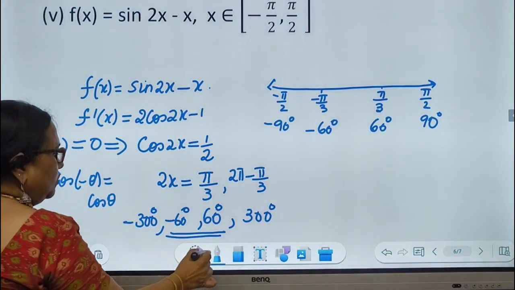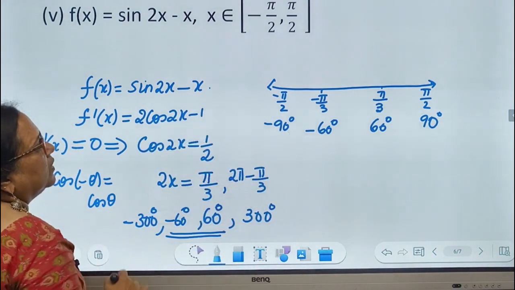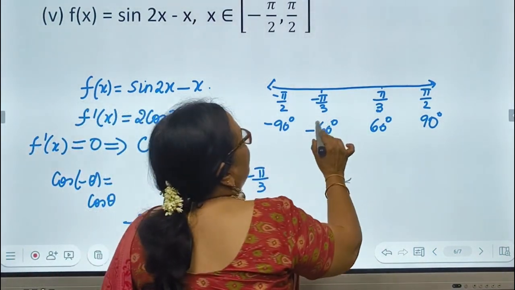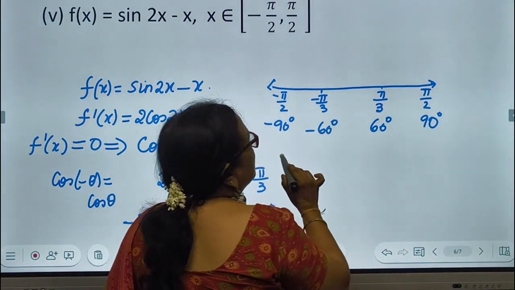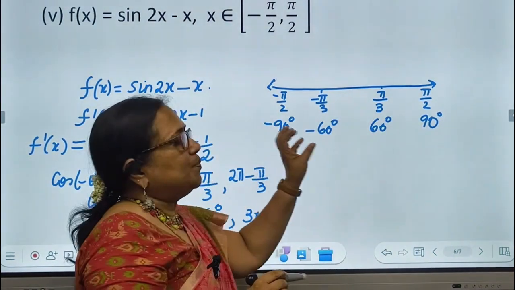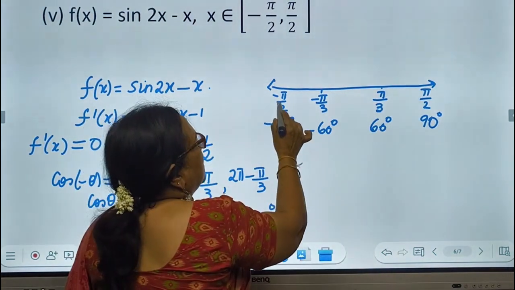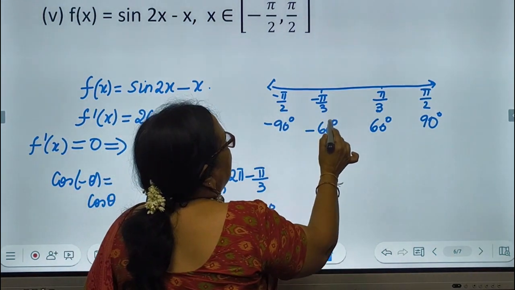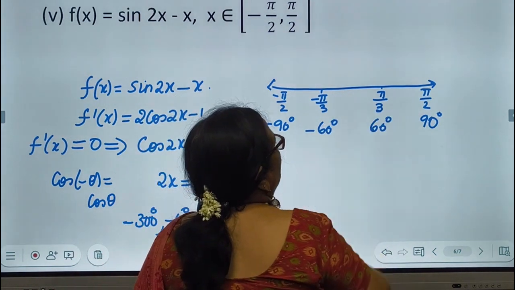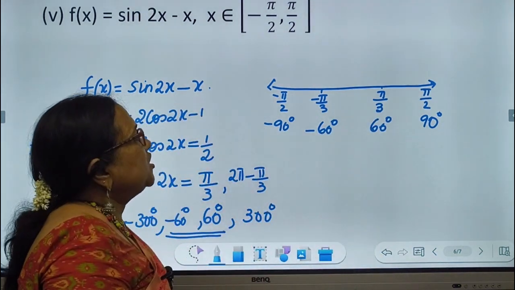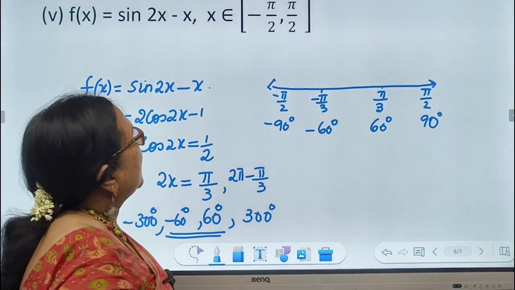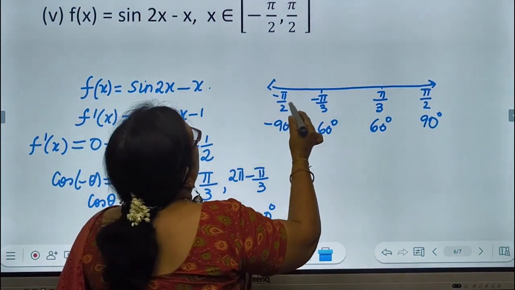Now, let me first find out whether the function is increasing or decreasing in each of the intervals: minus pi by 2 to minus pi by 3, and minus pi by 3 to pi by 3. So can I take 0?